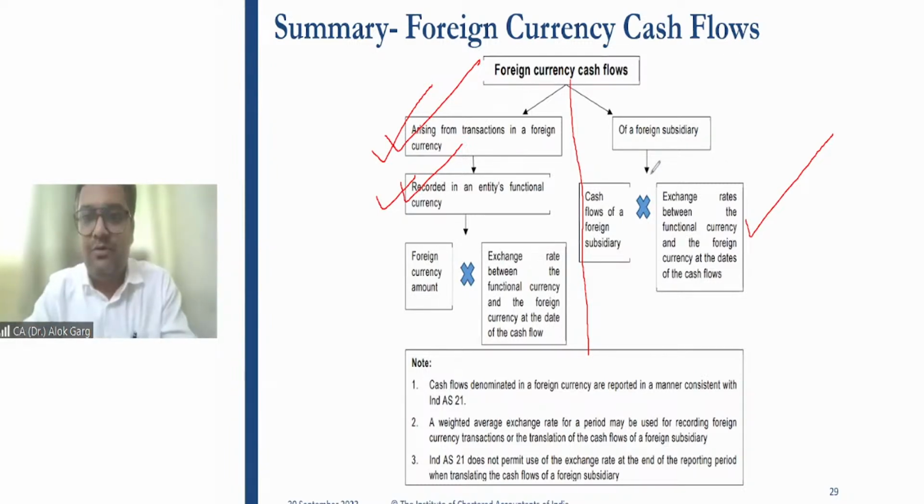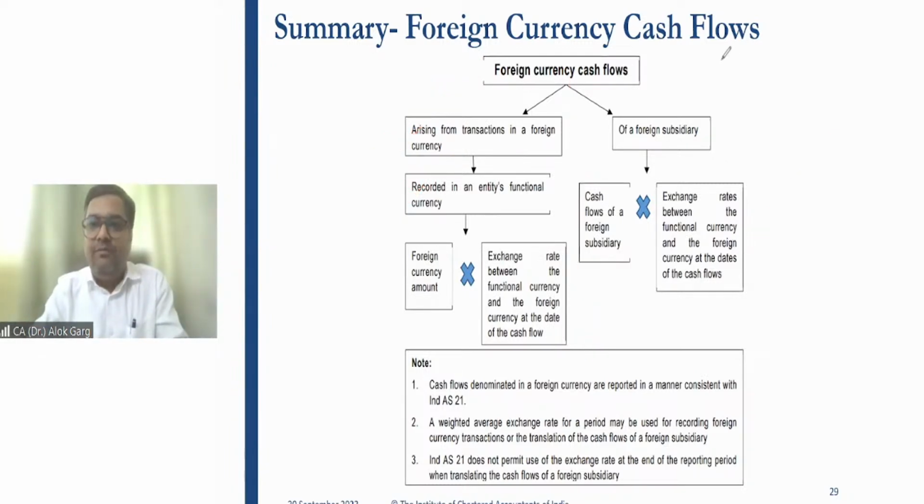local currency cash flows. So friends, the moral of the story is, number one, if you are an entity who has transactions in foreign currency, you need to convert those transactions into local currency transactions, right? As simple as that. But if you have foreign operations like a foreign subsidiary and you need to consolidate the result of that foreign subsidiary into INR, what you need to do?